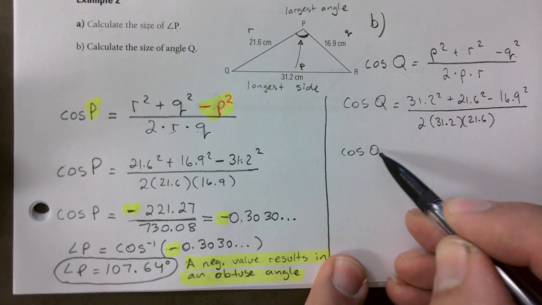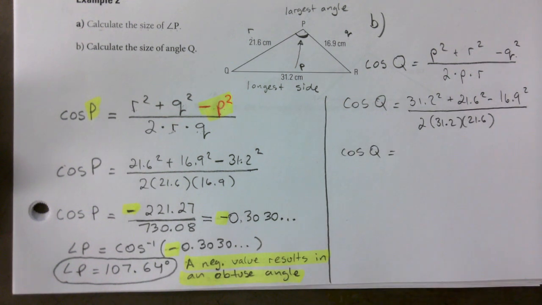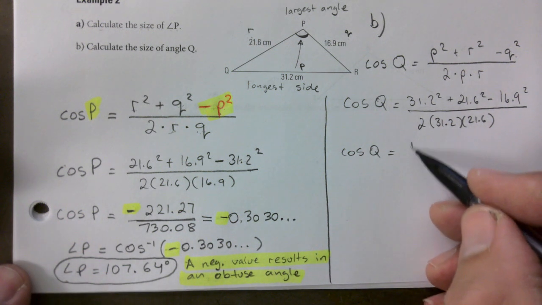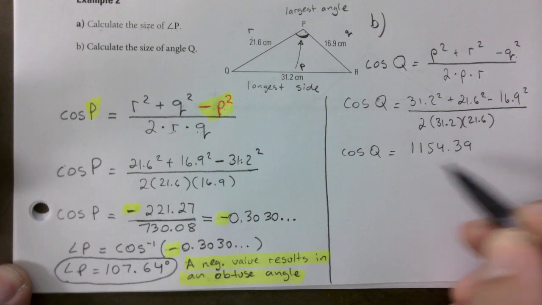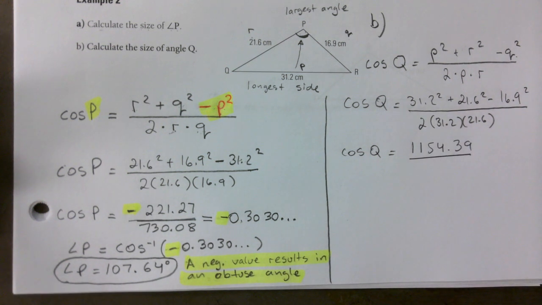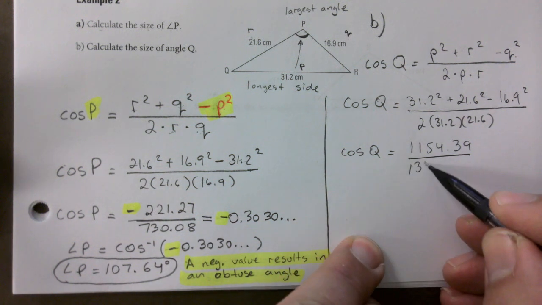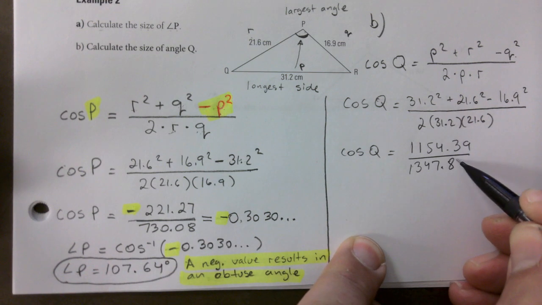Cosine of Q. Let's figure out what the top is. 31.2 squared plus 21.6 squared, that's 1,154.39. And the bottom gets you 1347.84.